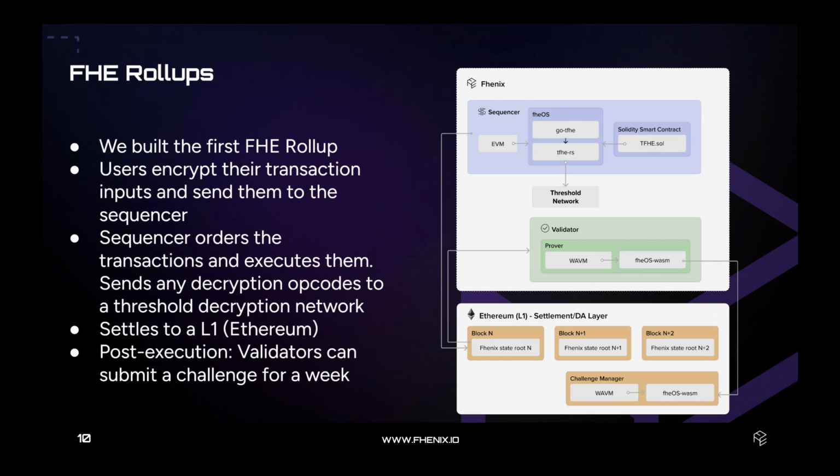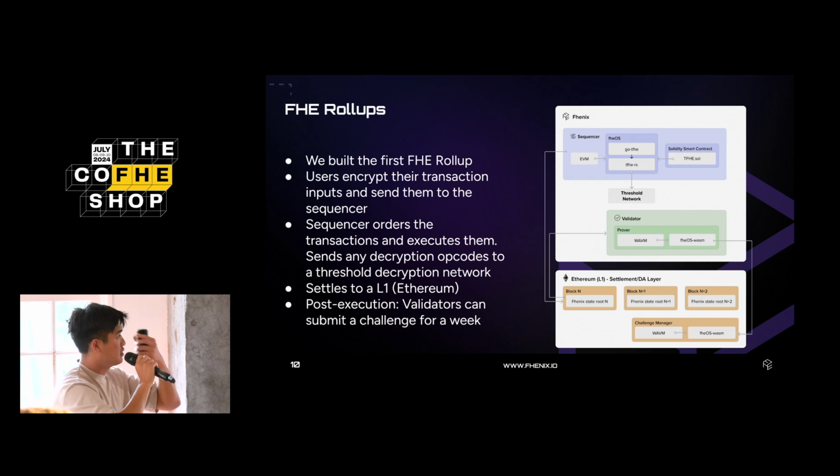Anyways, we are working on the first FHE rollup, where users will encrypt their transaction inputs and send them to the sequencer, which then orders the transactions. It's similar to another L2 essentially.